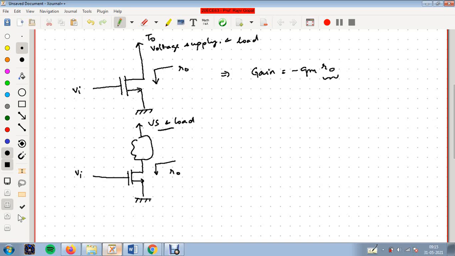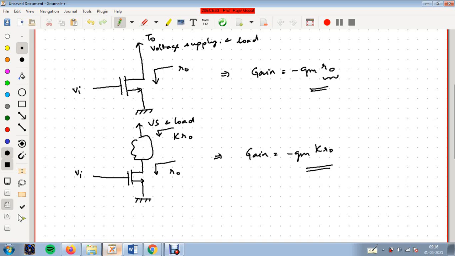But when you look in this direction, it is some K times R naught. Then my new gain will be minus GM into K times R naught. So I have increased my gain by increasing the impedance seen looking into the drain side. Instead of seeing R naught, the amplifier will see K times R naught, so my gain will obviously increase.